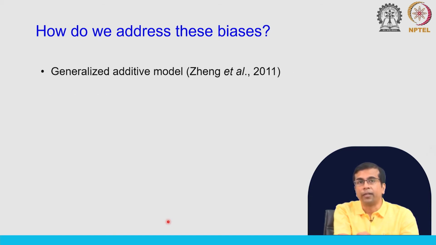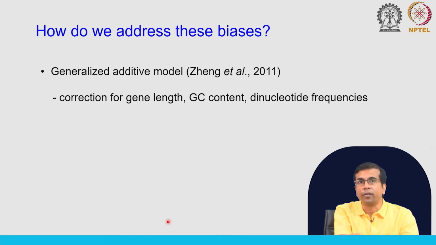One of the methods that has been proposed relies on something called a generalized additive model. This is the paper, again the reference is given at the end, and it does a correction for gene length, GC content and dinucleotide frequencies. We have talked about biases because of gene length, which varies from one gene to another, so this has to be taken into account.